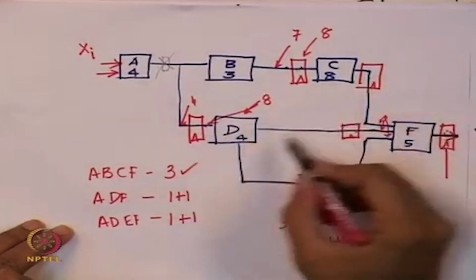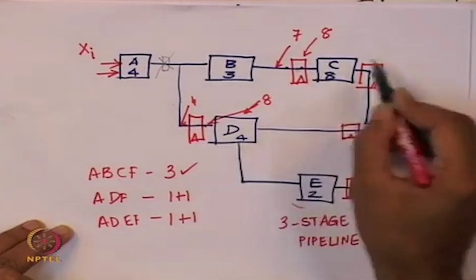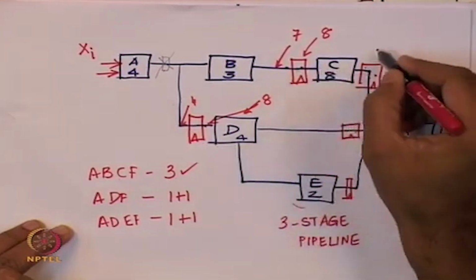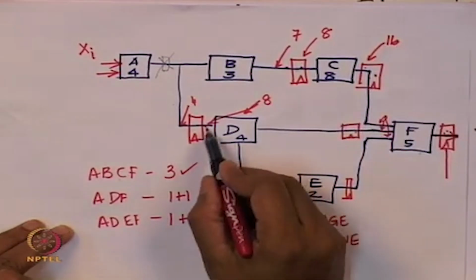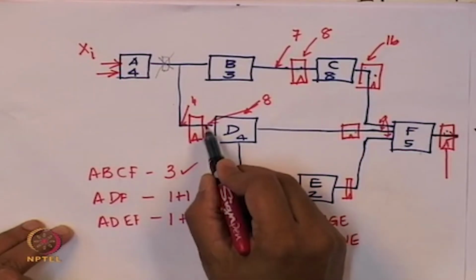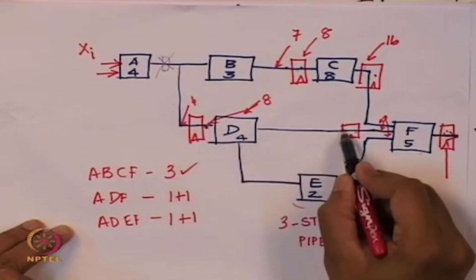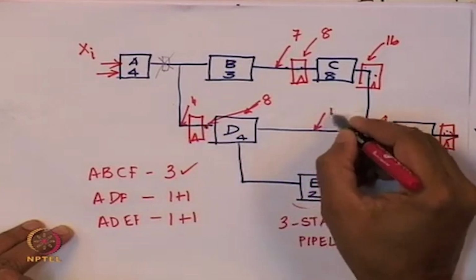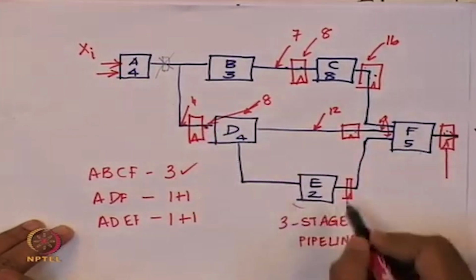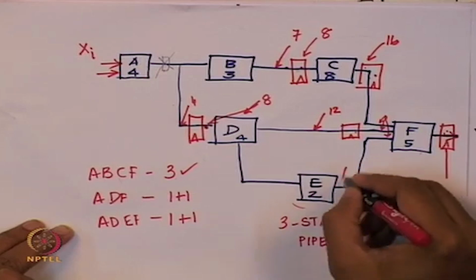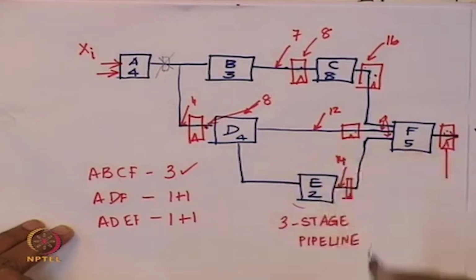Then to go to this stage, from this flip flop to this flop, this is going to take 8 time units. So, this is at 16. If there is a stable input here, it will take 4 time units to come out of this. So, the input here will be ready at 12 time units. It goes through 4 here plus 2, 6. So, this will be ready at 14 time units.